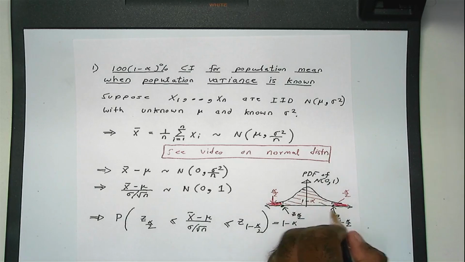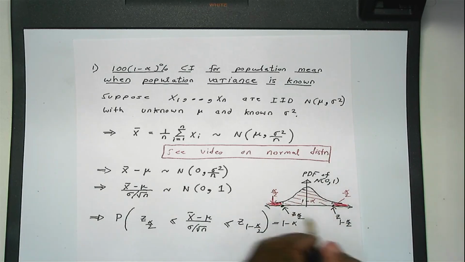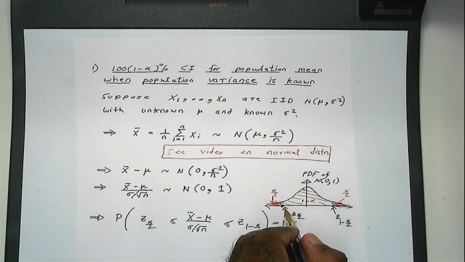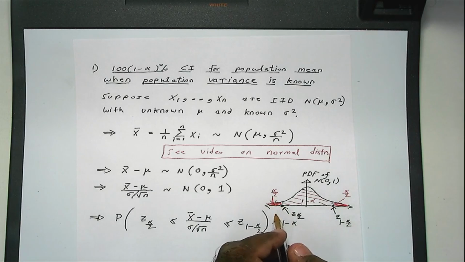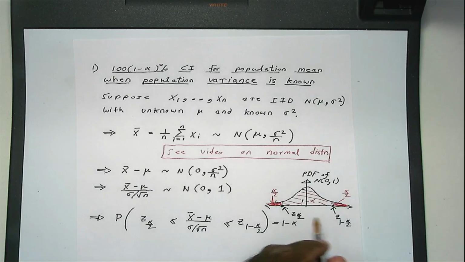So this point has an area of 1 minus alpha by 2 to the left, and this point has an area of alpha by 2 to the left. This is what I explained. If you look back on the video on percentiles, you will see. So the area between these 2 points must be 1 minus alpha. That's what I'm saying here.